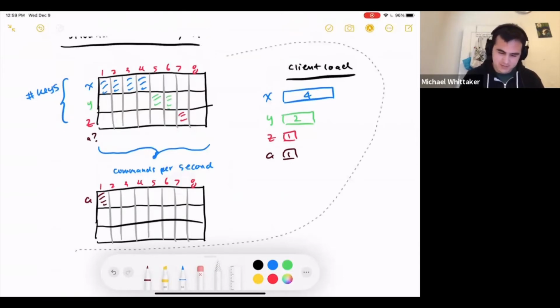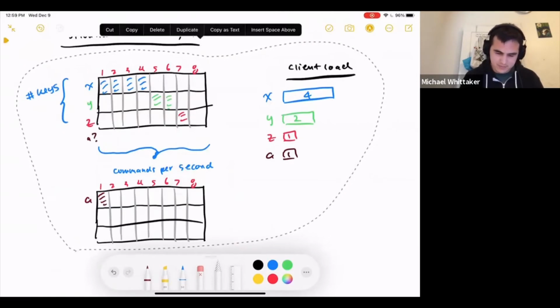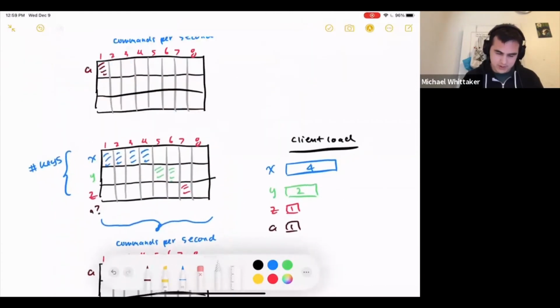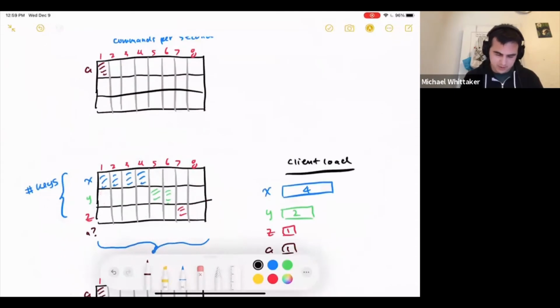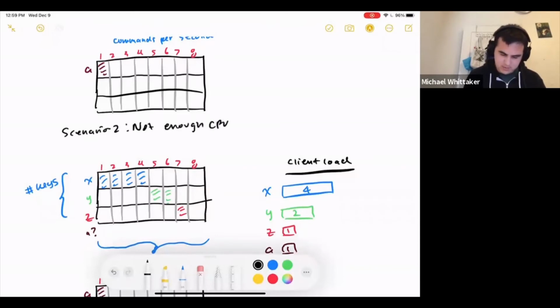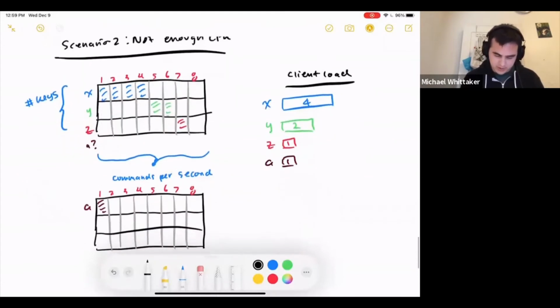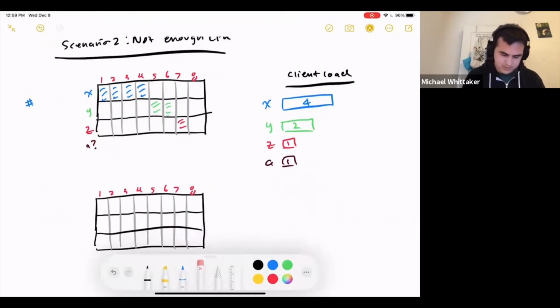That's possible. There's another possible scenario, which is not enough CPU. Scenario 2, not enough CPU. Okay, so the story here now, let me erase all this.